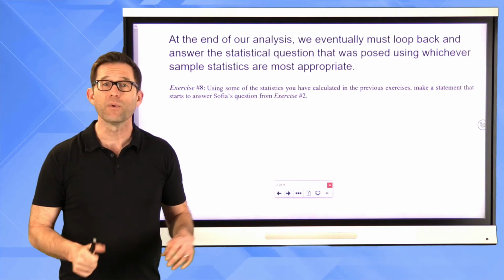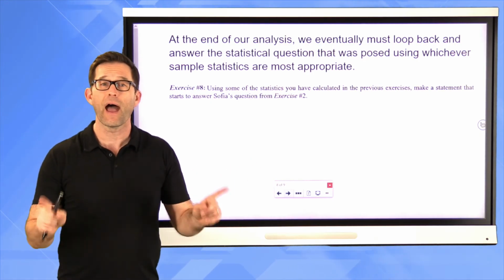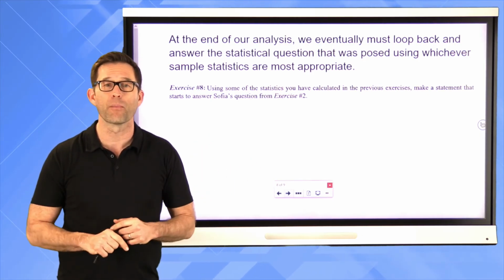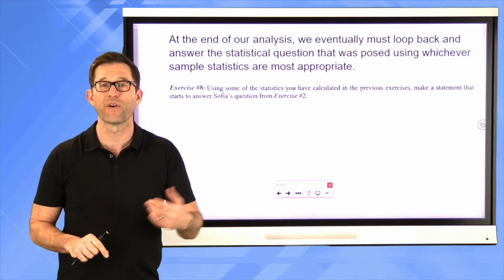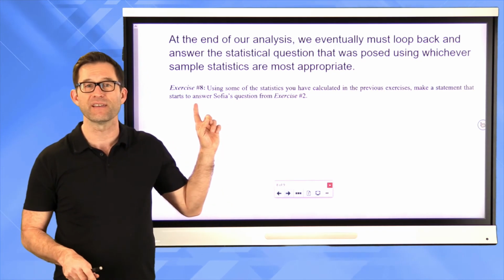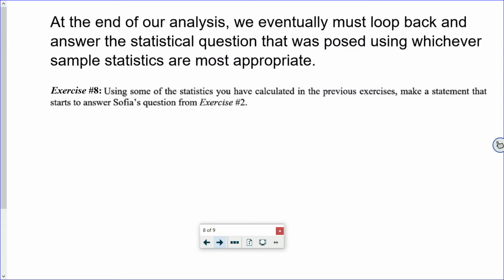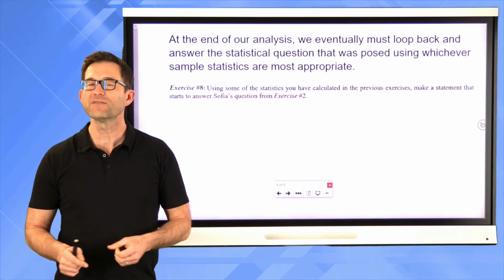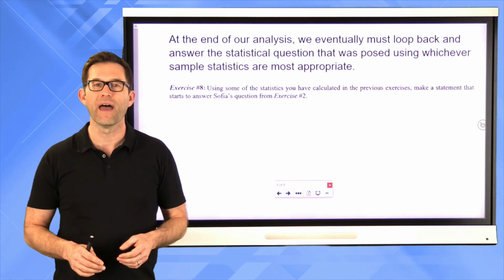But here, when Sophia asks the question, how much do beginning phone app developers make? Because that involves variability, we have to give more of an explanation. And in fact, exercise 8 says, using some of the statistics you have calculated in the previous exercises, make a statement that starts to answer Sophia's question from exercise number 2. And so there's a lot of things that we could write down.